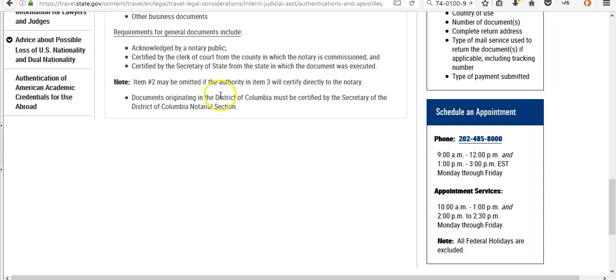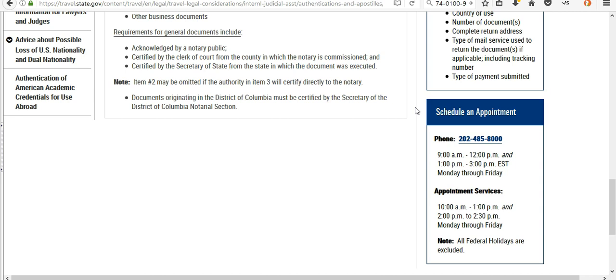The notary seems to be popping up in all of our different processes with our paperwork. That's why there is no such thing as declaring or giving notice to anything if those documents have not been notarized. We should know better than that by now. Secondly, they say certified by the clerk of court from the county in which the notary is commissioned. All right.